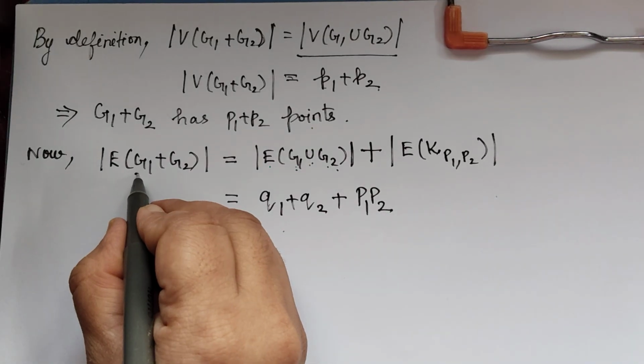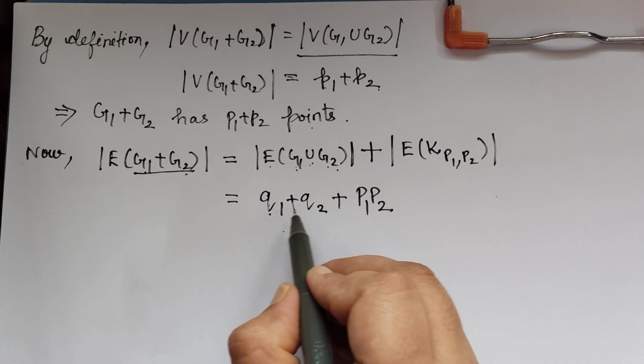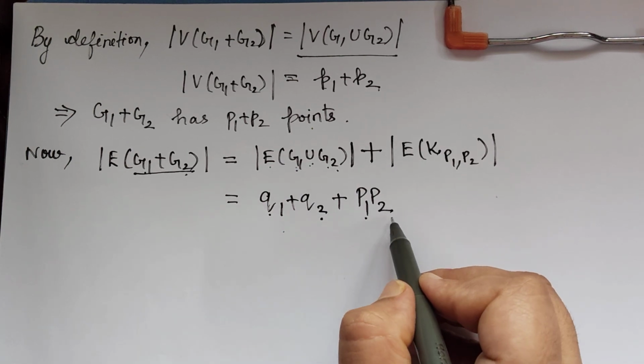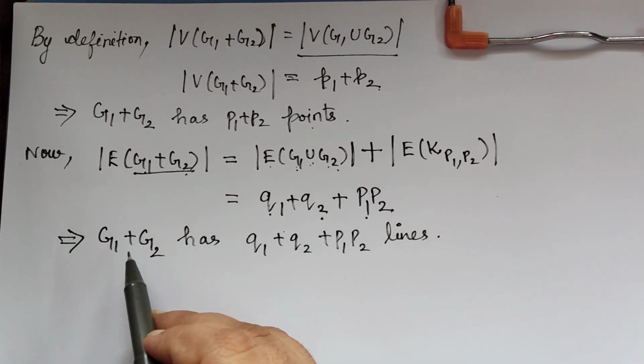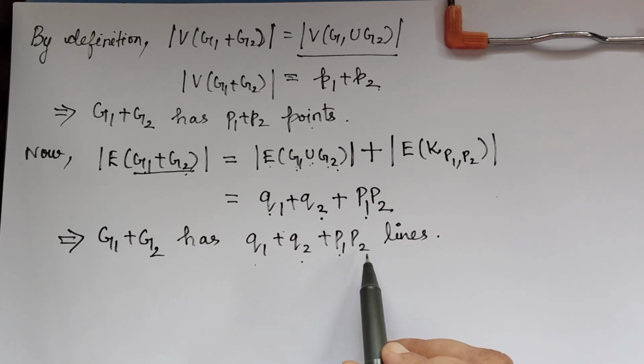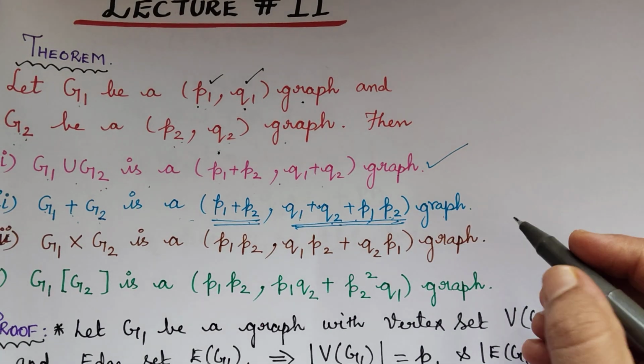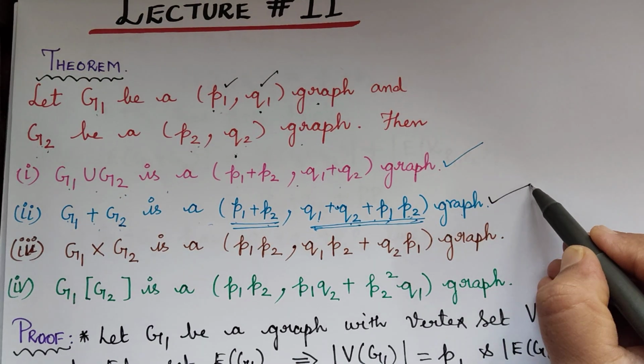Therefore we have proved that the number of lines for G1 plus G2 is Q1 plus Q2 plus P1 P2. Hence the graph G1 plus G2 has Q1 plus Q2 plus P1 P2 lines. Therefore we have proved the second subdivision. So if you see this, the proof of this subdivision is done.